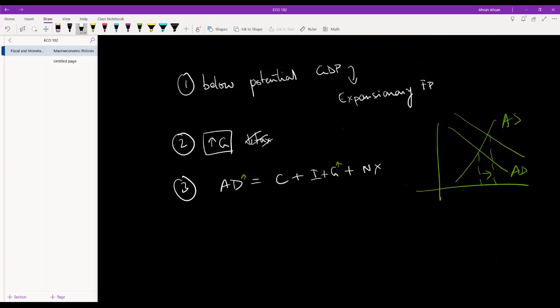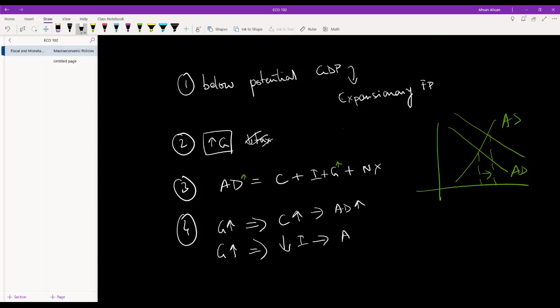The problem is we also know that if G increases, that is going to increase consumption. But if G increases, that is also going to reduce investment in the economy. Two things are going to be happening, and this is going to cause AD to increase.